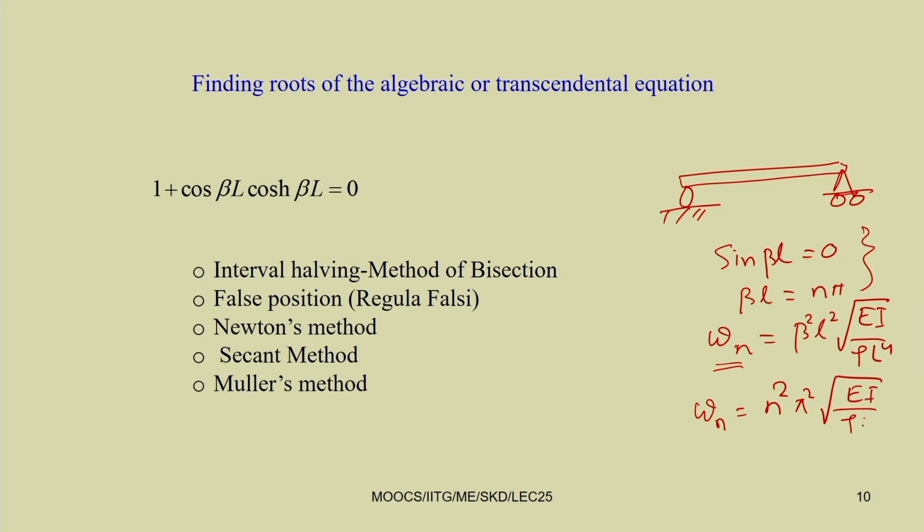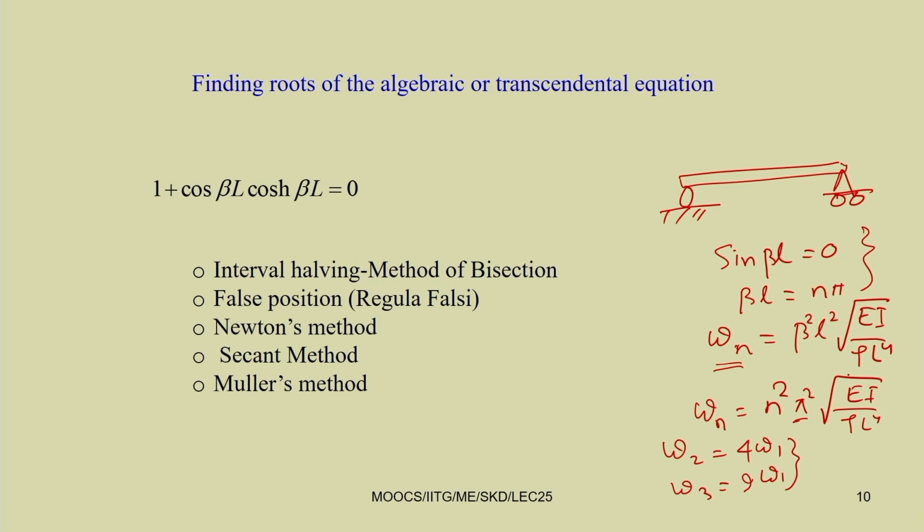This E I rho L fourth will be the same for different modes. For example, the first mode will be pi square, the second mode will be 4 times the first mode. So, omega 2 equal to 4 times omega 1, and omega 3 equal to 3 square, that is 9 times omega 1.